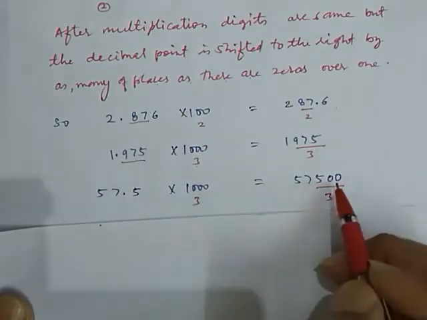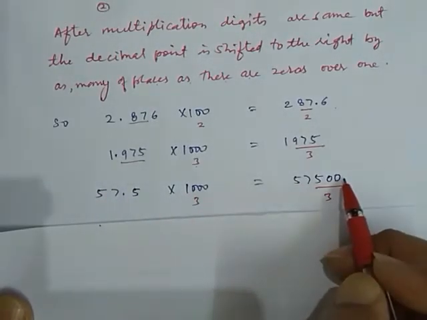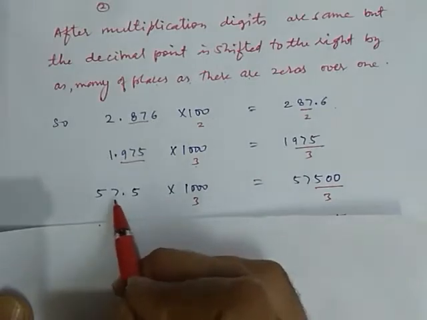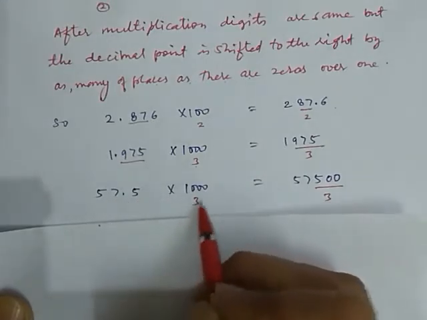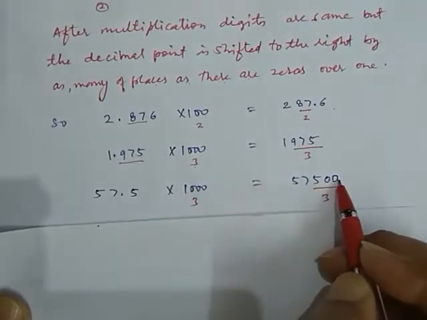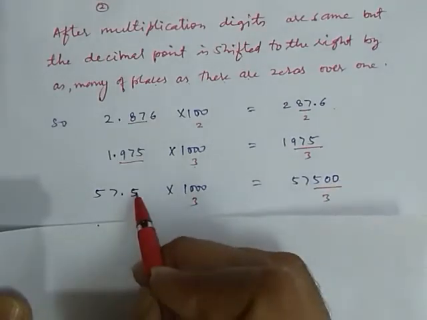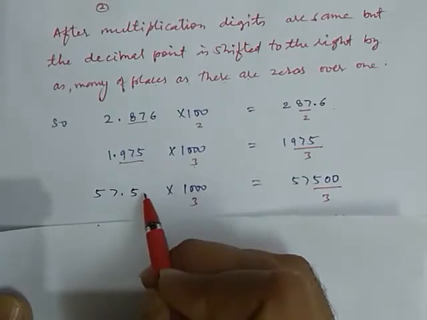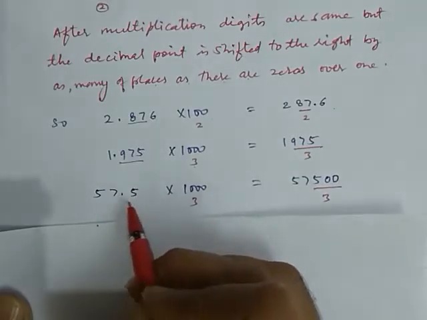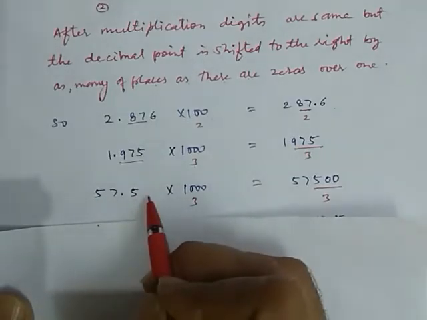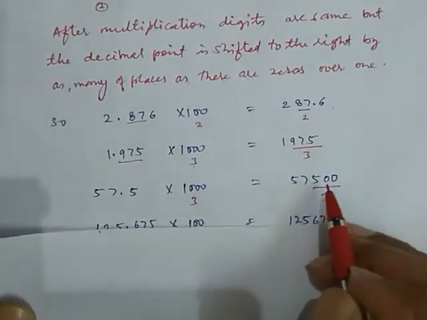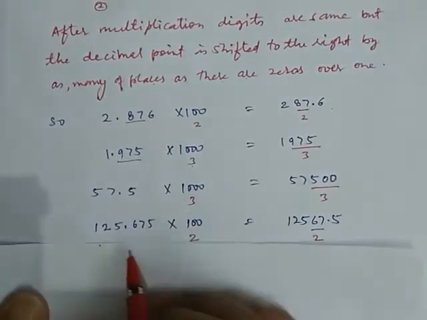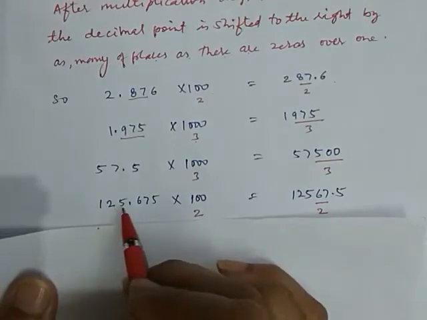So here we put 2 zeros also to compensate the digits, 1 2 3, okay. If there is no number, we put zeros to balance the significant digits here, okay. So it becomes 57500.